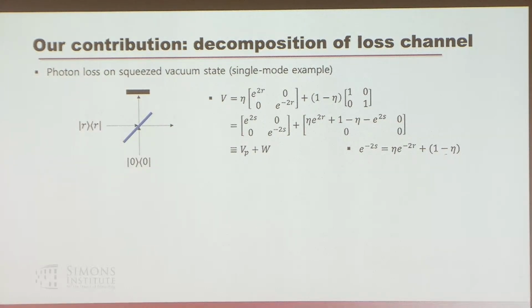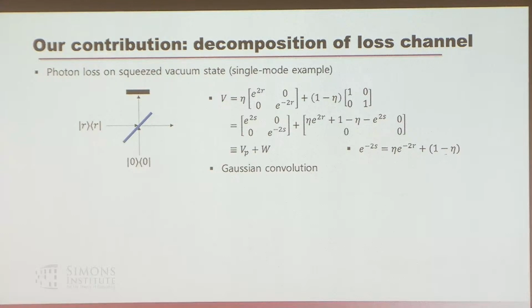The first matrix looks like the covariance matrix of a squeezed vacuum state with squeezing parameter S. And the second matrix is a positive semi-definite matrix. So what we did is to show that the output covariance matrix can be written as the sum of two different covariance matrices. If you have a sum of two covariance matrices, we can think of it as a kind of Gaussian convolution.